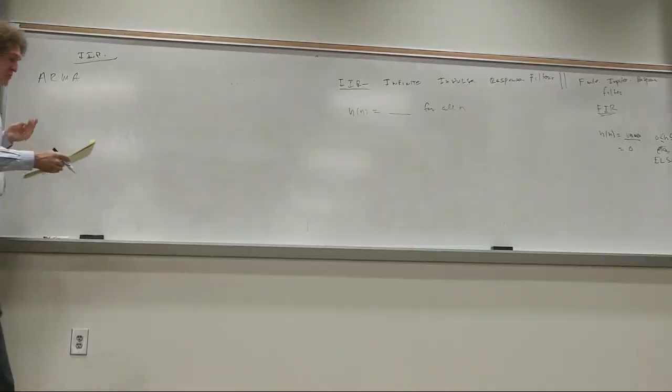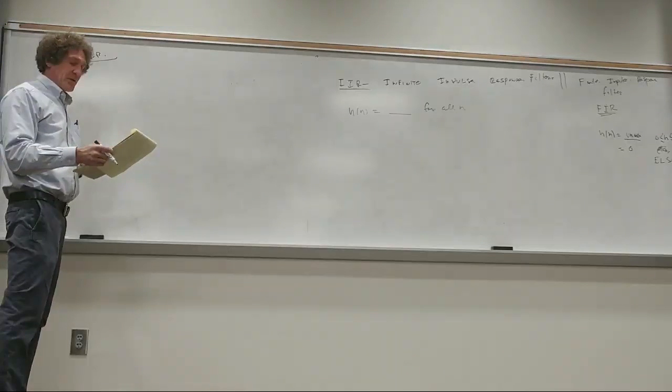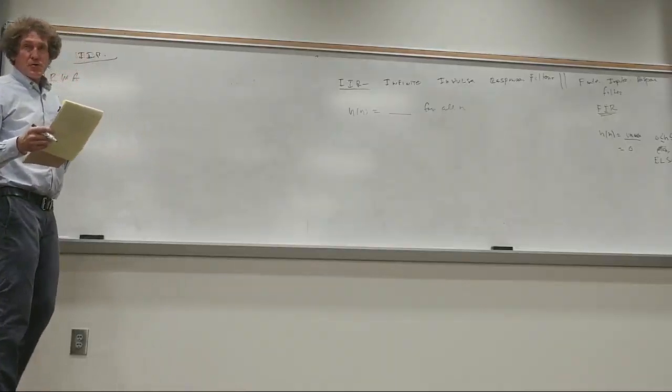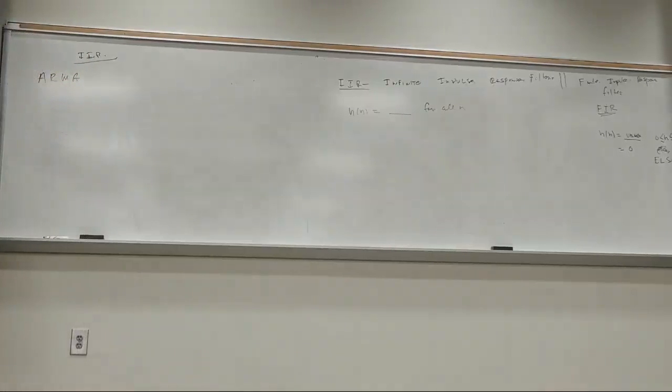Now, in general, when you're dealing with any kind of system in discrete time, any of these systems we can write in terms of differential equations or difference equations. That's in time, when we're talking about input to output, x and y.